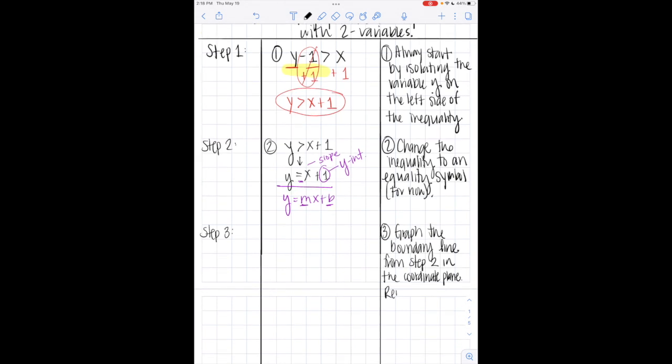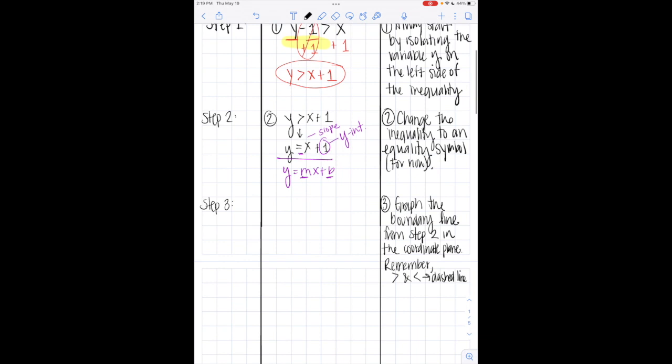Remember, for the less than and the greater than, we're going to use a dashed line because remember, those were open circles. When we graph it in a coordinate plane, they're going to be a dashed line because it doesn't equal. And when we have the less than or equal, and the greater than or equal, we're going to use a solid line. Okay.